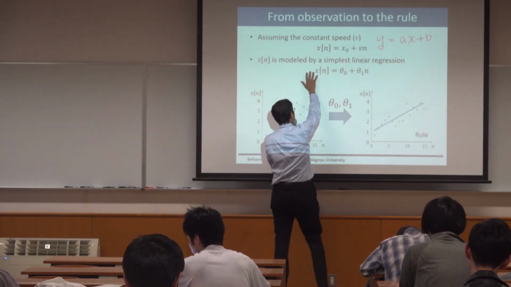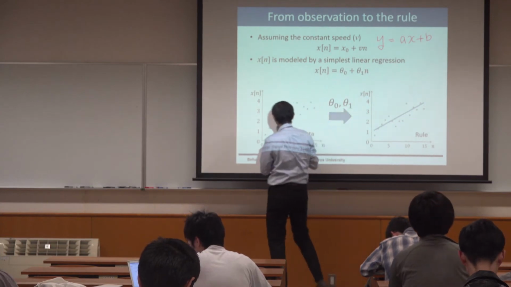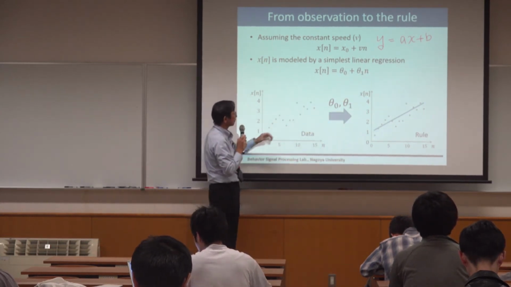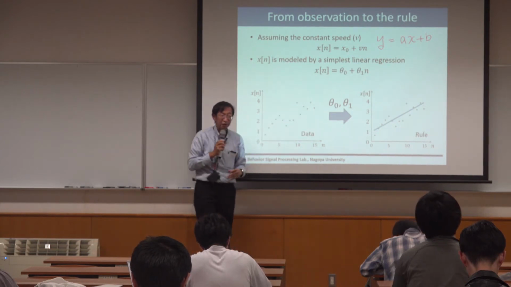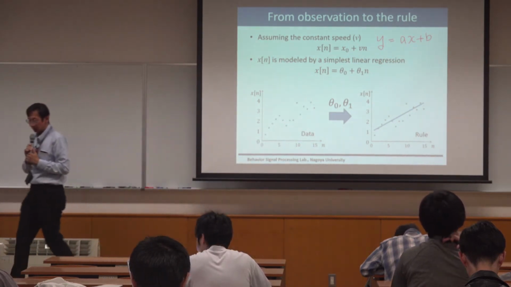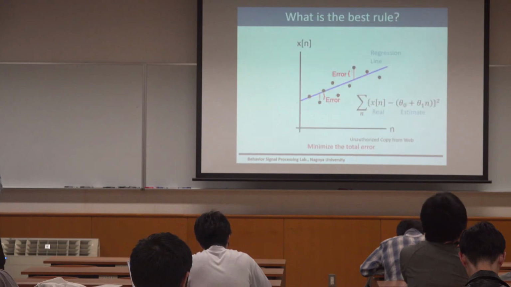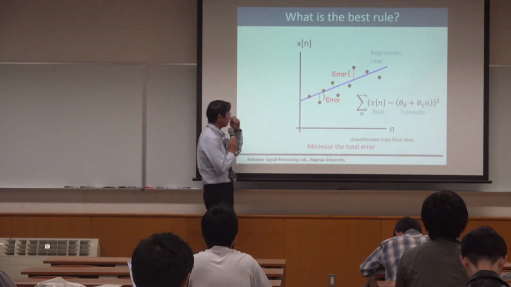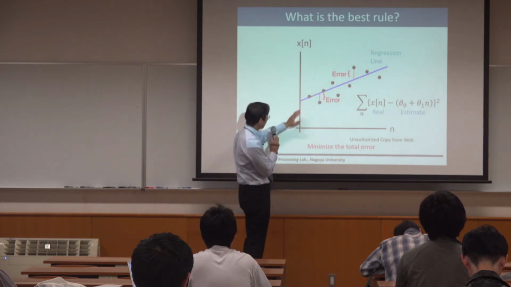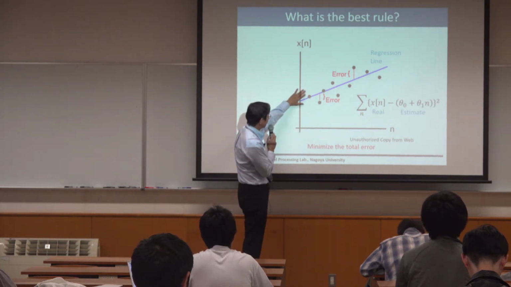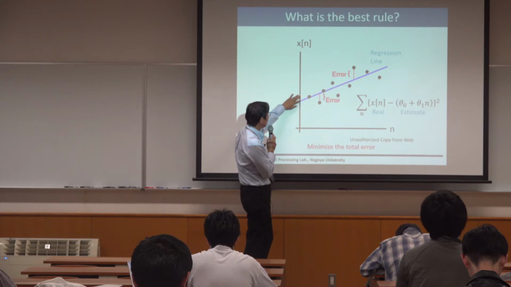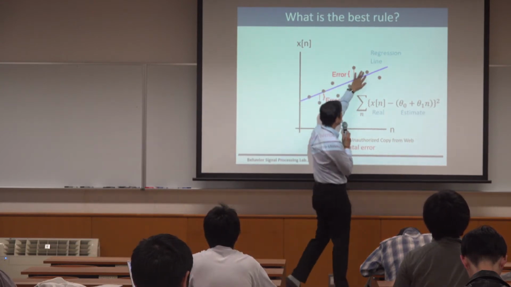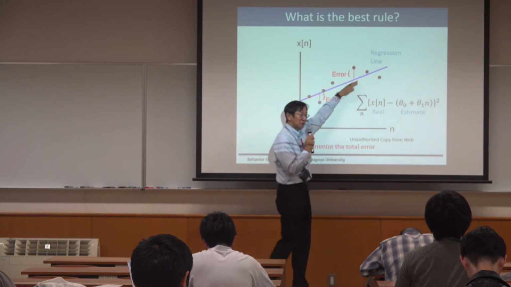We already hypothesized a model and we have data. Under those two conditions, what are the best theta 0, theta 1? That is a technical issue of the regression, right? So graphically, it is a problem to locate this line at the optimal location.